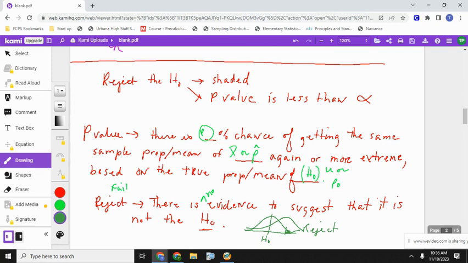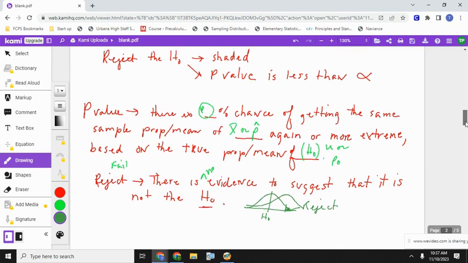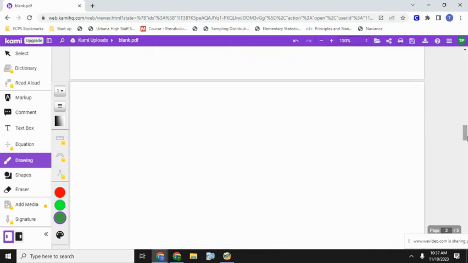All right, last thing is all the little details. I'm going to go to a new page here. You're going to have confidence intervals, hypothesis tests and sample sizes all on the same test. If it is a confidence interval, the questions are going to say construct an interval, or find the interval.